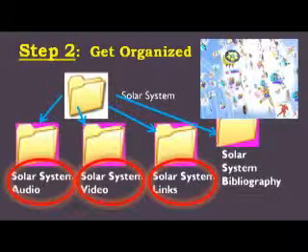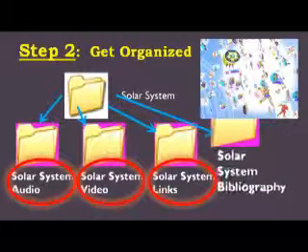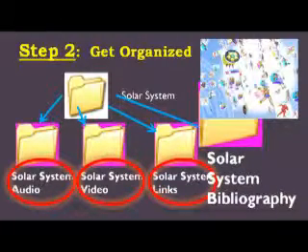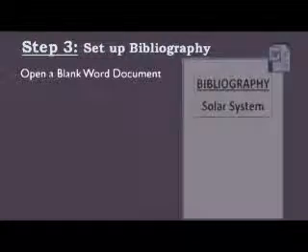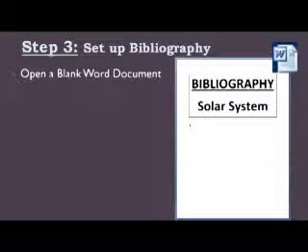You should also make a folder called Bibliography, or Solar System Bibliography in this case. The Bibliography folder is where you'll keep all the citation information, which is very important. To set up your bibliography, just open a blank Word document or any word processing file and save as Solar System Bibliography to the Bibliography folder.